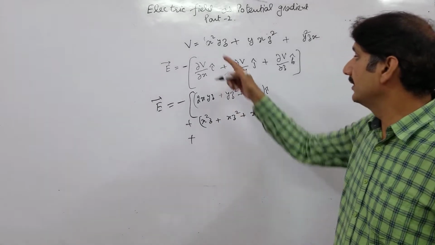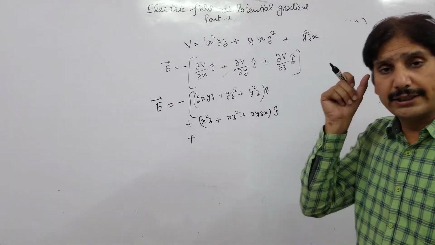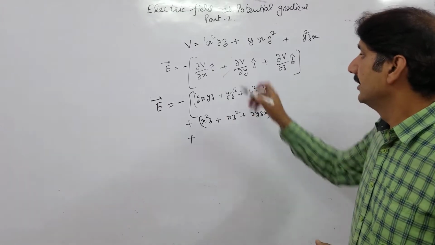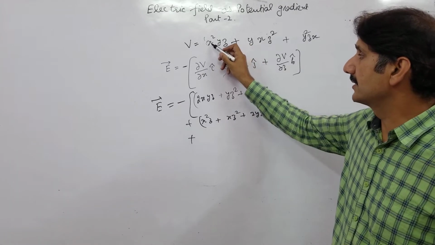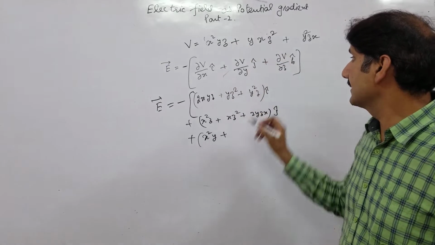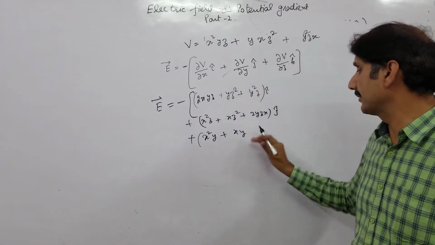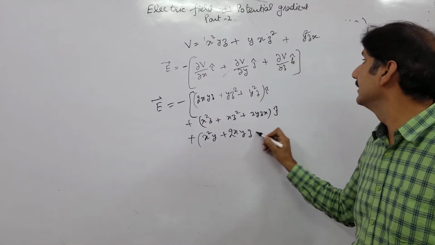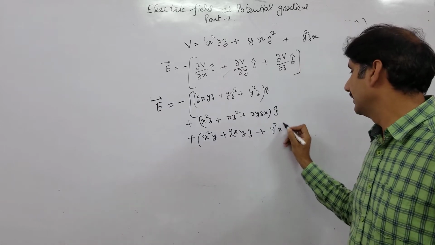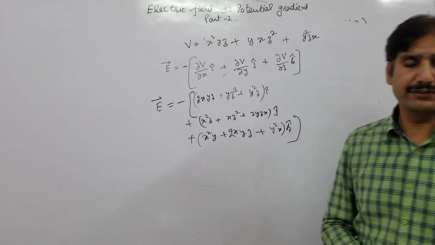Plus, now I differentiate the same equation with respect to z, and I'll assume x and y to be constant. So it becomes x square y plus xy, and this becomes 2z, plus then again y square x, k cap. Now this is the final expression for electric field.